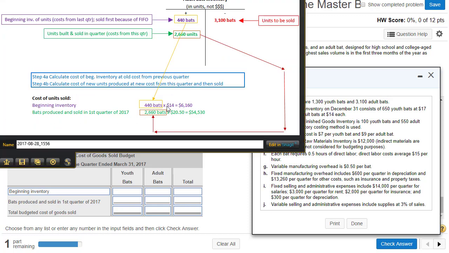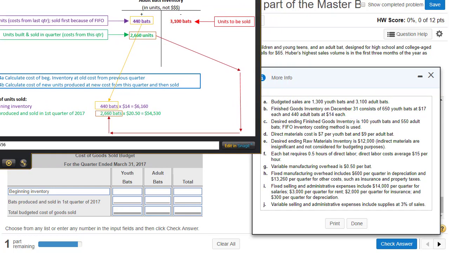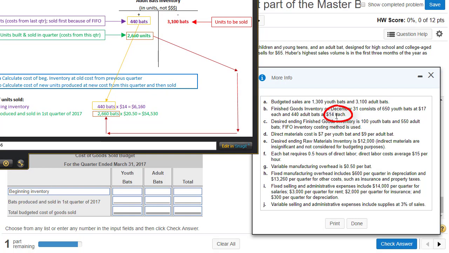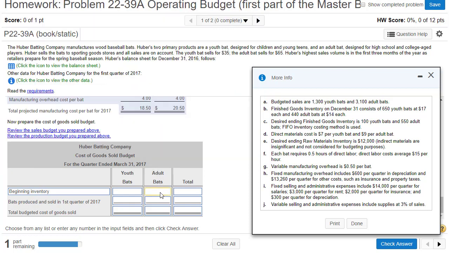And then notice I multiplied by 14. Where did I get the $14 from? I got the $14 from right here. So $14 times 440 gives us $6,160. So I'm going to type that in here. Remember, these are adult bats. Beginning inventory, adult bats, 6,160.